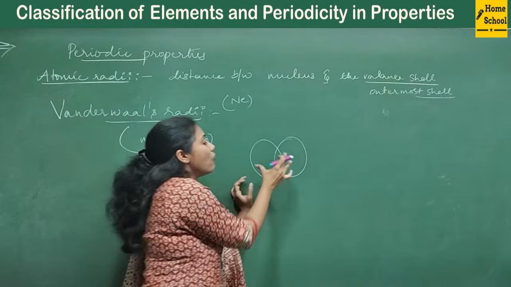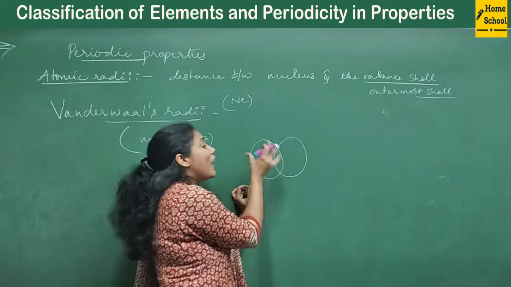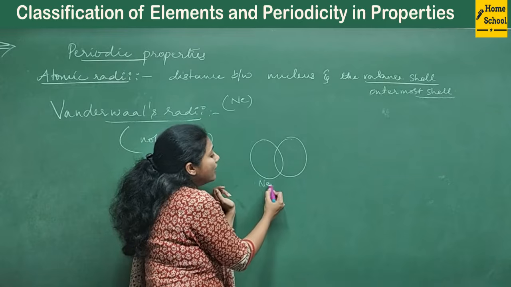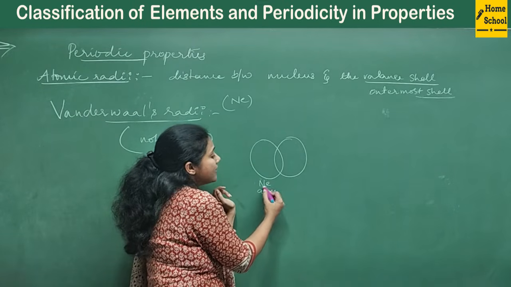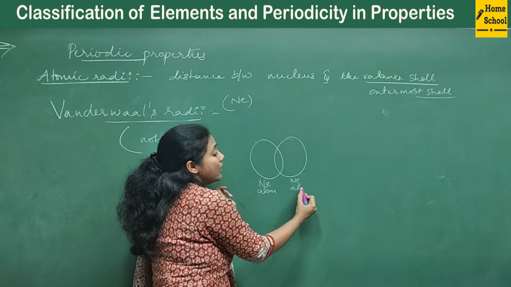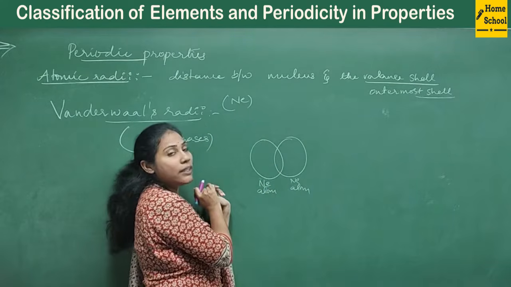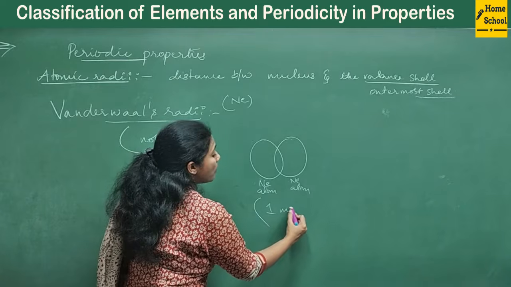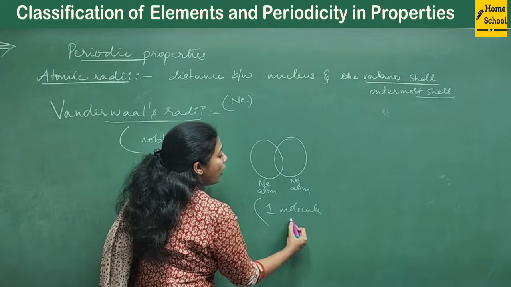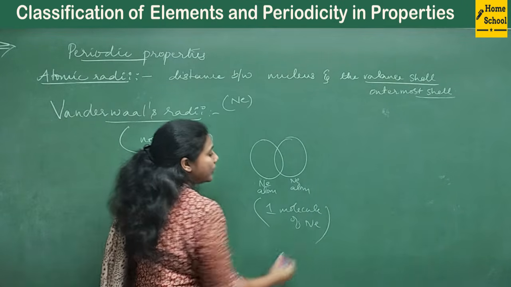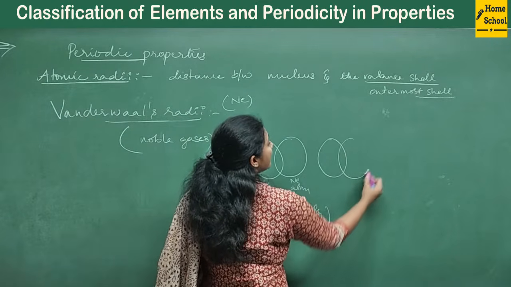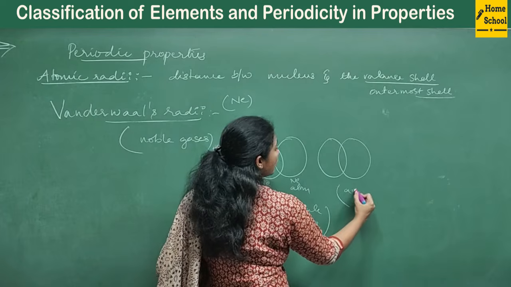So this is one neon molecule. How was this neon molecule formed? This is one neon atom, this is another neon atom, which have covalently bonded with each other. This makes one molecule of neon. There is another molecule nearby, another molecule of neon.